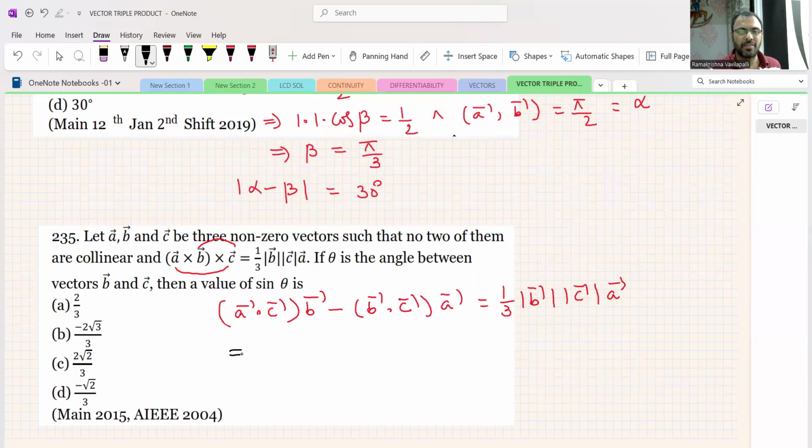You just equate from either side. You will get that A bar dot C bar is equal to 0, because on the RHS there is no B bar vector.